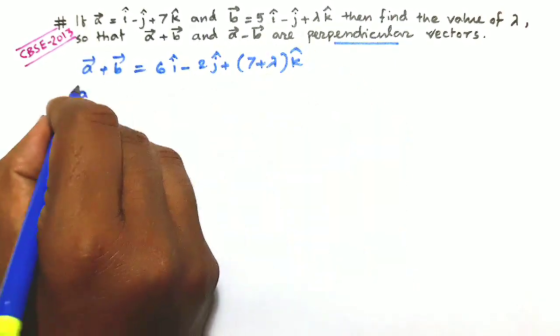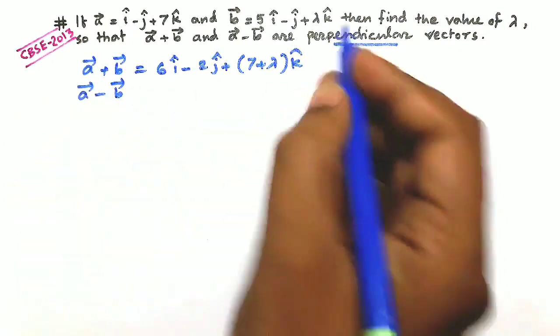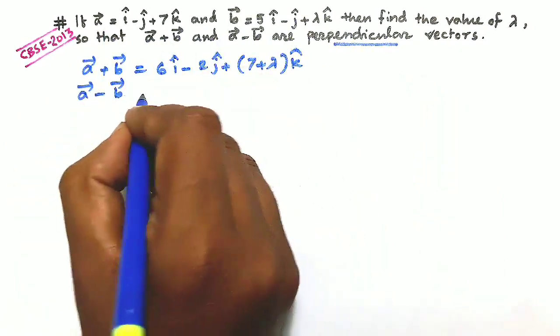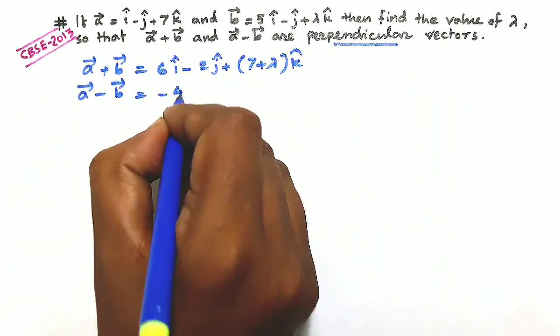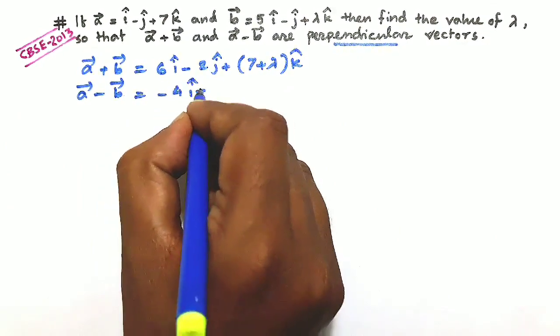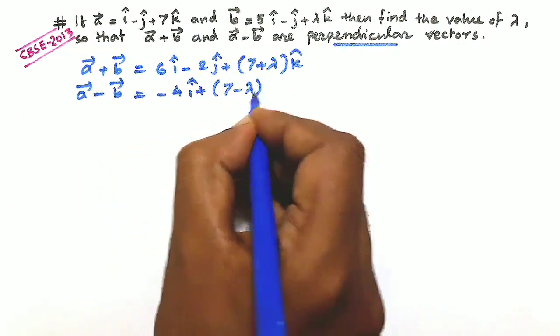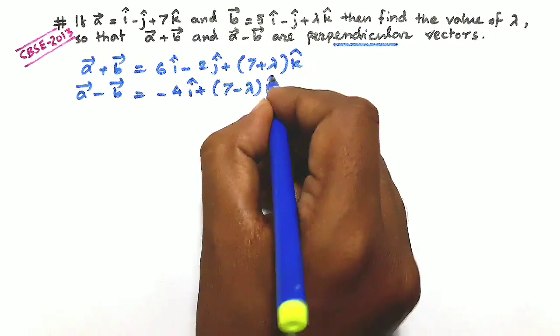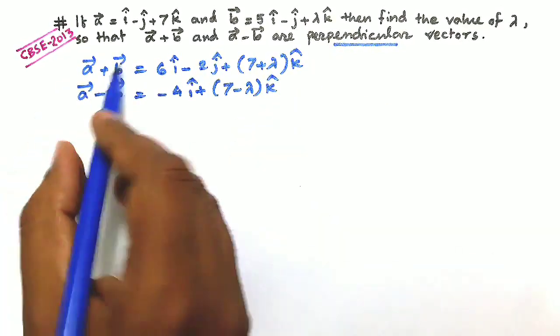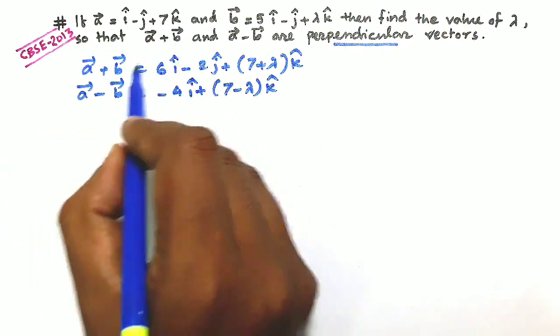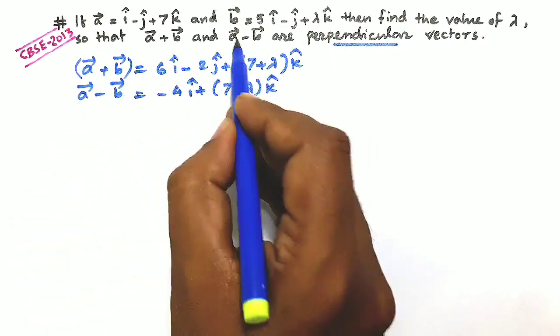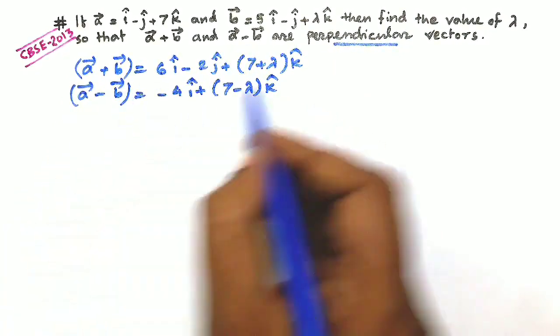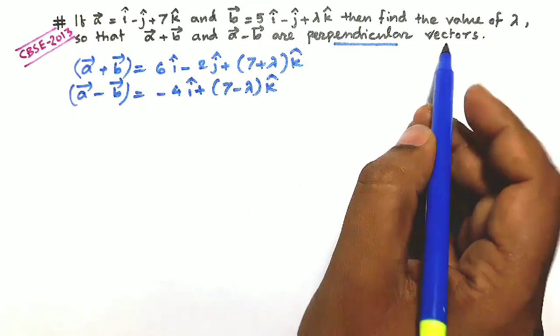And a vector minus b vector, just subtracting b vector from a vector, we get minus 4i cap plus (7 minus lambda) k cap.